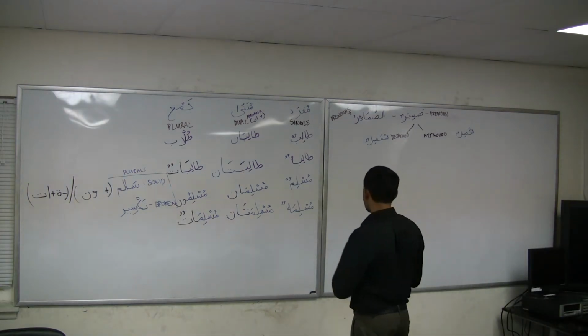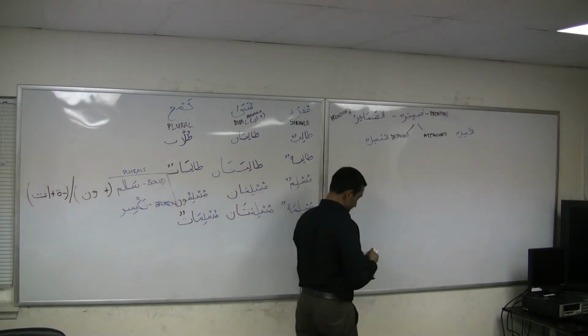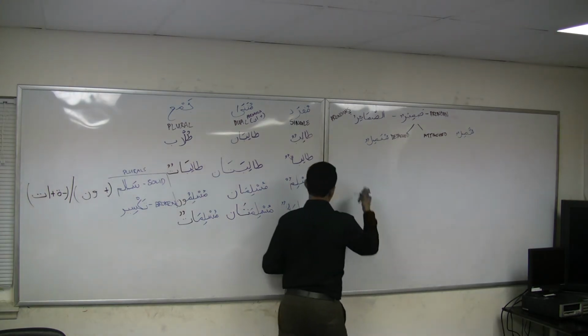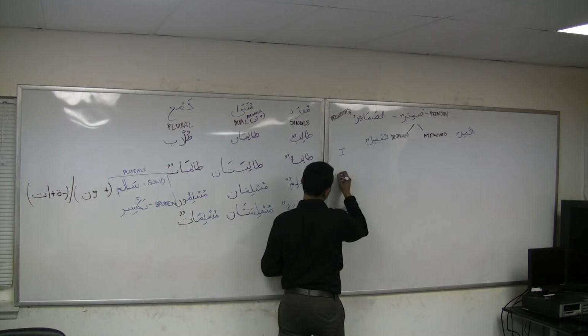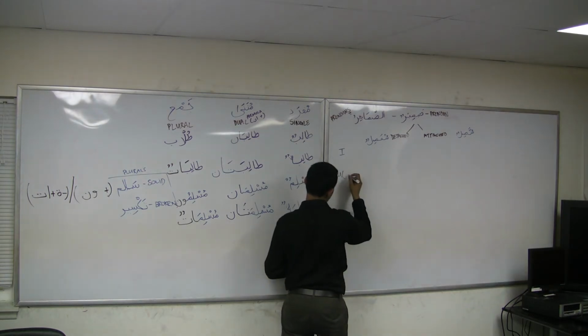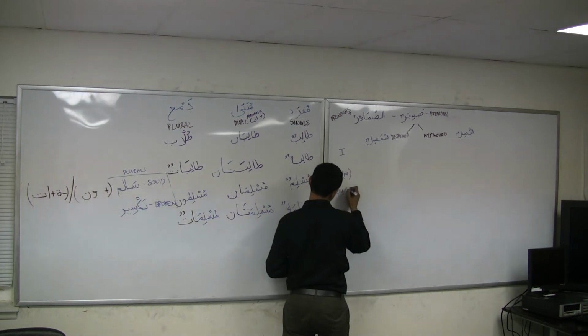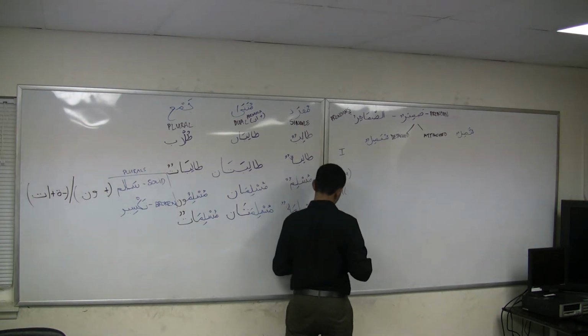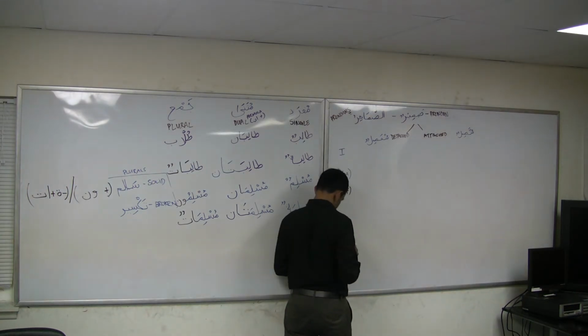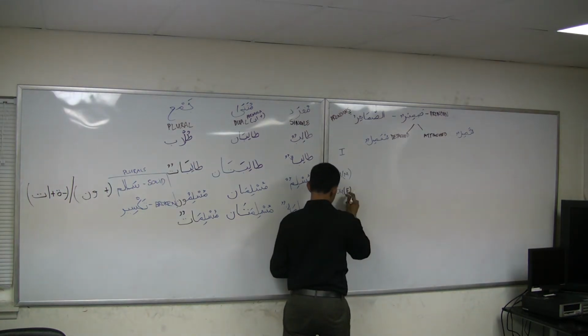So, what's an example of detached in English? I. You, to talk to somebody who is masculine. You, to talk to somebody who is feminine. He.